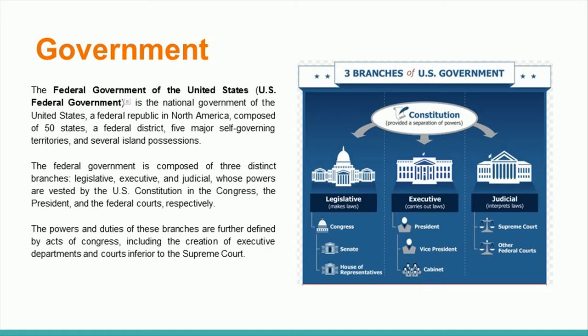The federal government is composed of 3 distinct branches: legislative, executive, and judicial, whose powers are vested by the U.S. Constitution in the Congress, the President, and the federal courts, respectively. The powers and duties of these branches are further defined by acts of Congress, including the creation of executive departments and courts inferior to the Supreme Court.